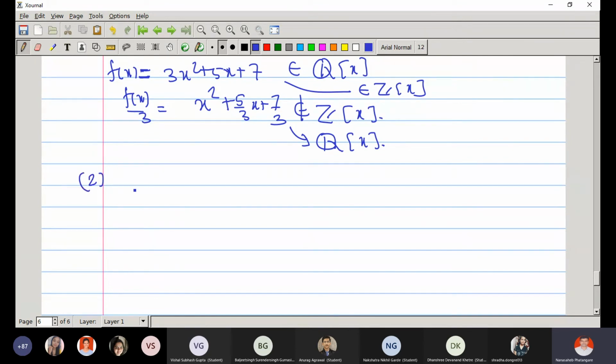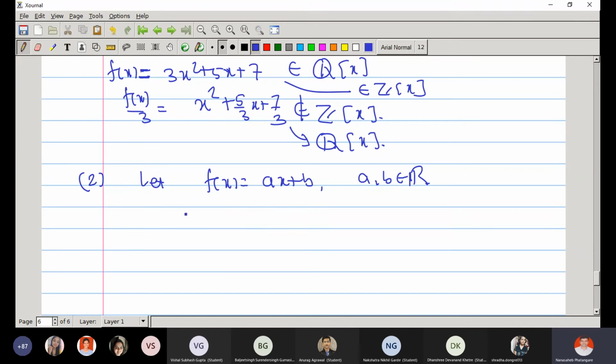Right. So f of x is equal to ax plus b, where a and b are real numbers. Right. So what is the speciality of this polynomial?